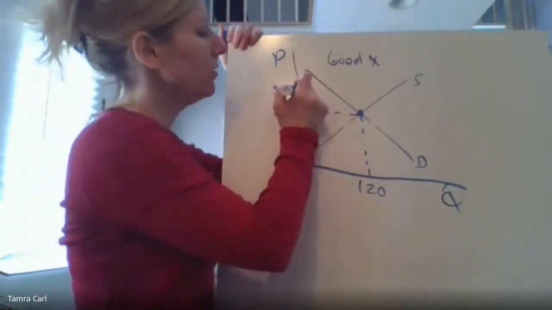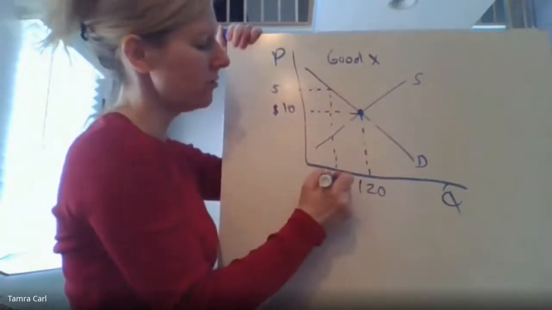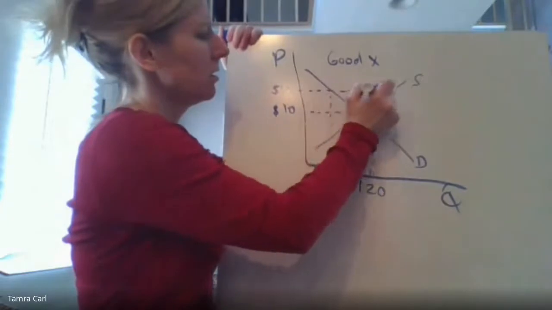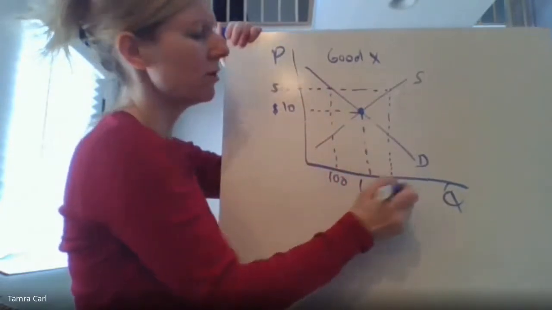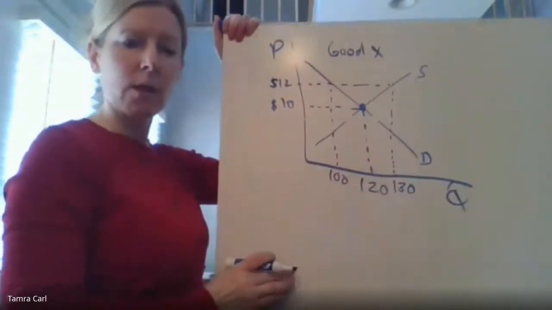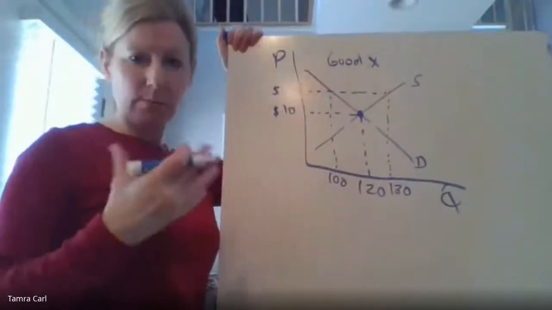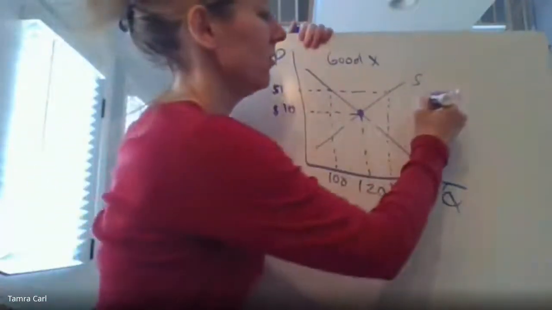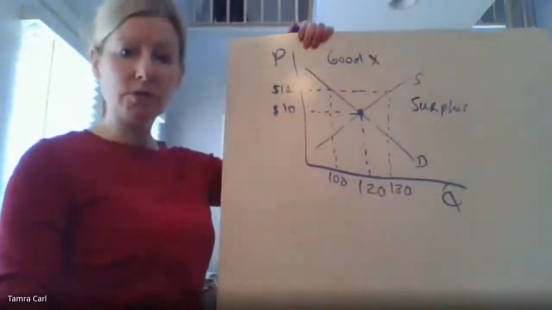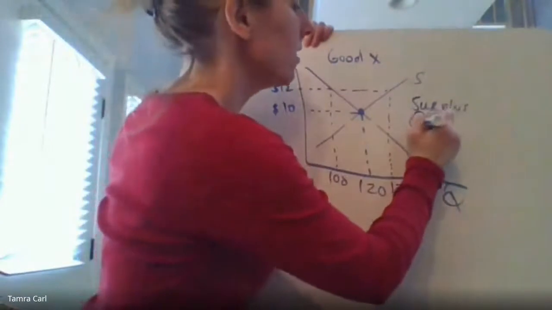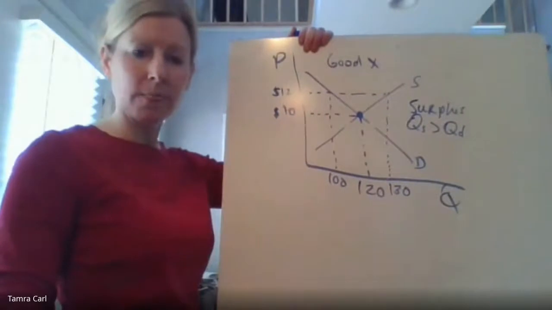So when I look at the graph, let's say that this hits it here at 100, and the quantity supplied goes up to 130. If they ask what happens here, I'm going to answer with my buzzwords or the taglines that go with things. First off, there's a surplus, because the quantity supplied is greater than the quantity demanded.